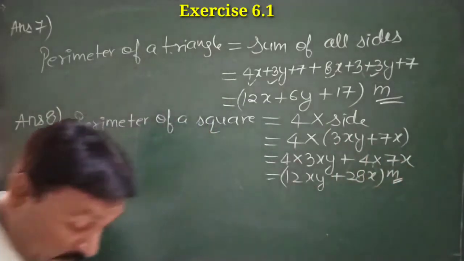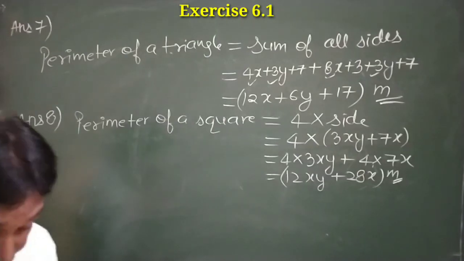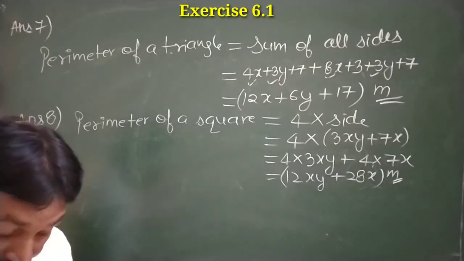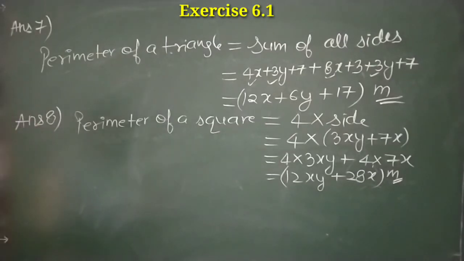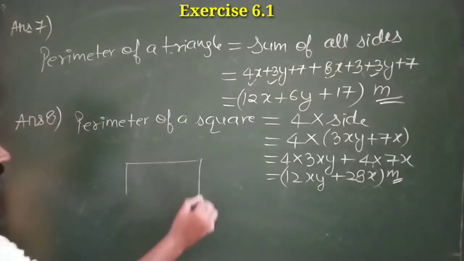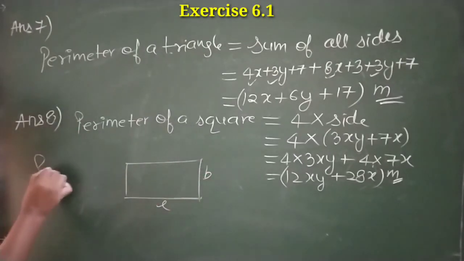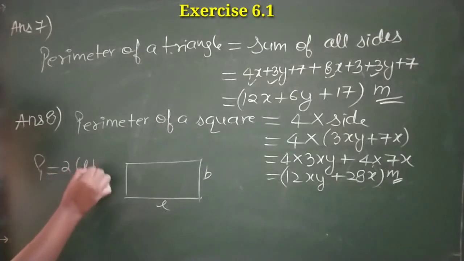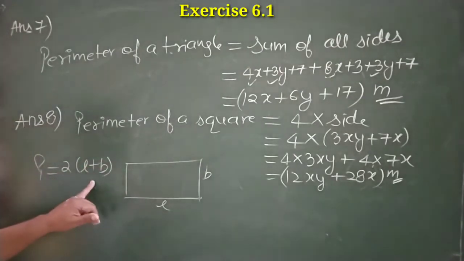Okay. Just see question number 9 also. Find the perimeter of a rectangle having sides 3x plus 2y and 7y. We all know the formula of finding the perimeter of a rectangle. It is L, it is B. So the perimeter of a rectangle is 2 into L plus B. Okay, so complete this question by yourself.